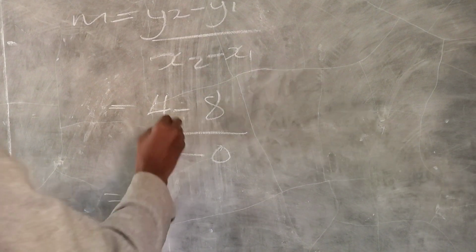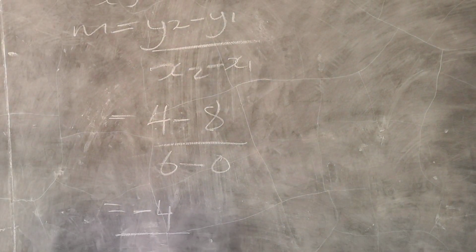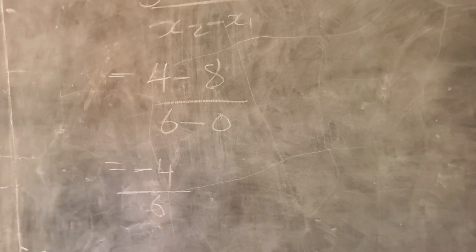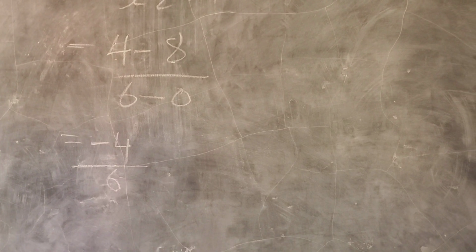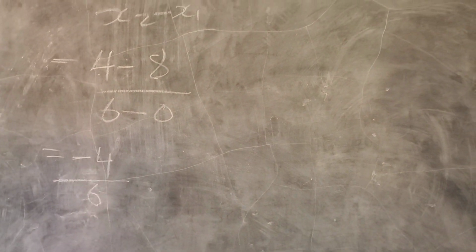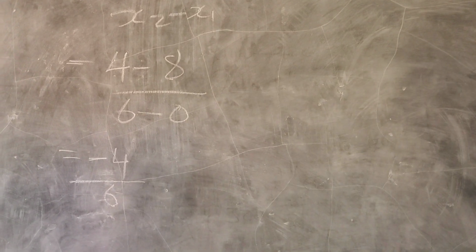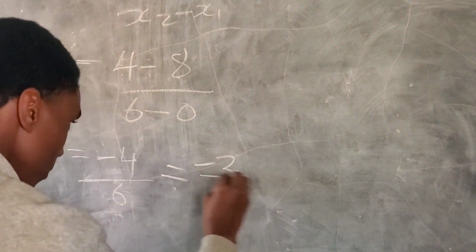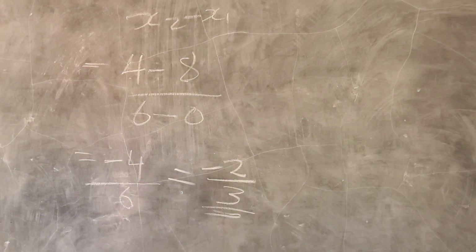Okay, so this is going to be negative 4 over 6. That can be reduced into a lower fraction than this, and it's going to be negative 2 over 3.